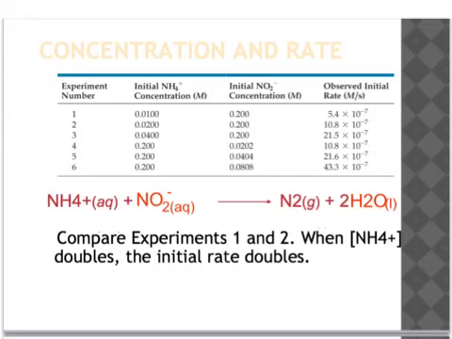So if we take a look at, for example, experiments 1 and 2, okay? If you look at the concentration of ammonium between experiment 1 and 2, the concentration is doubled.